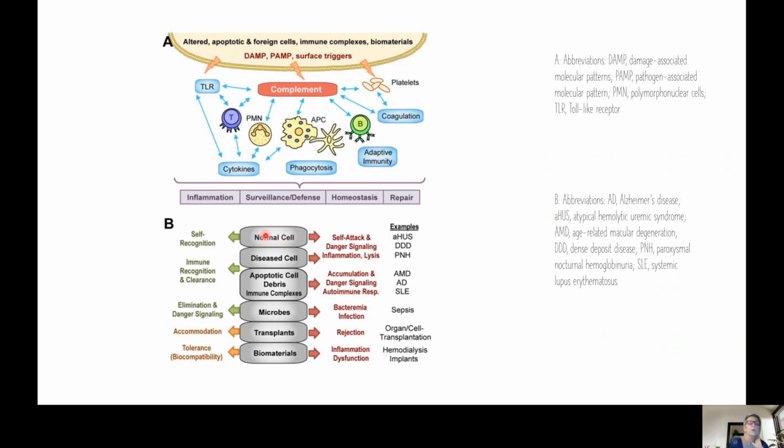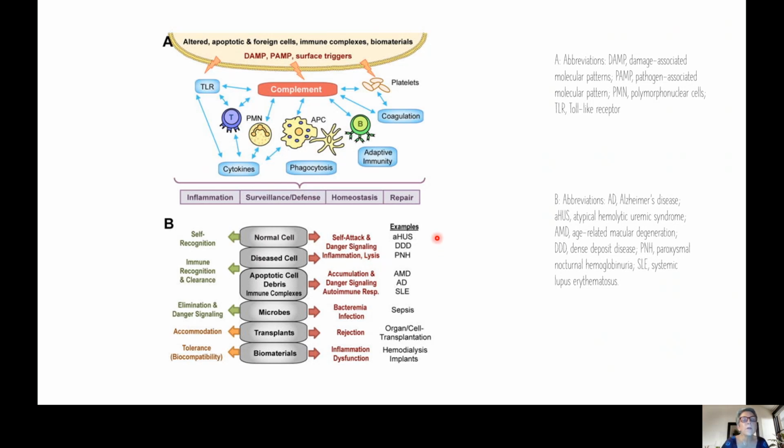And so the normal cell will just do that. If that doesn't happen, then the immune system will help to take over, and sometimes there's a self-attack, danger signaling, inflammation, and lysis.